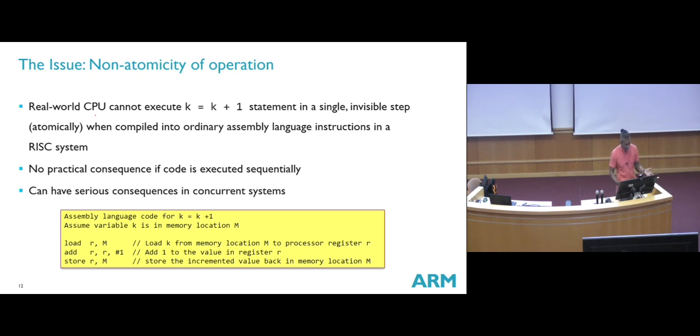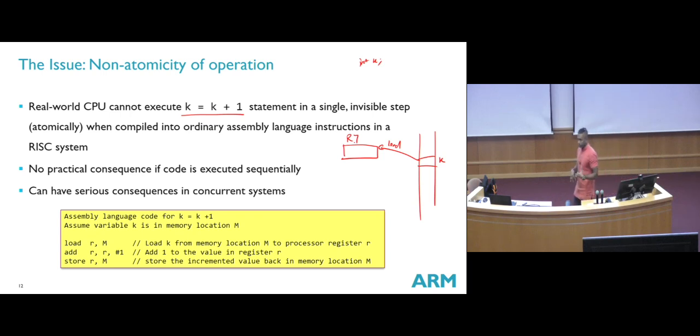Which means that when I declare a variable k, k is somewhere in my memory. When I want to execute the statement k equals k plus 1, I need to do 3 separate steps at the assembly language level, that means at the processor level. The first step is what we call a load. I need to load to my internal register, say R7.